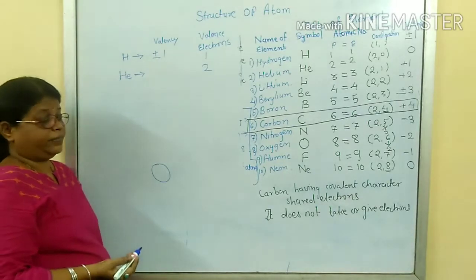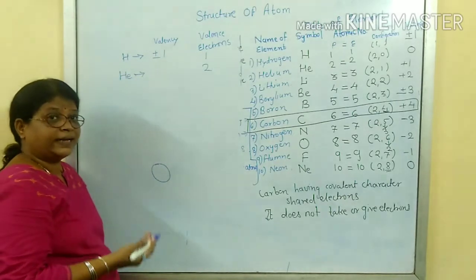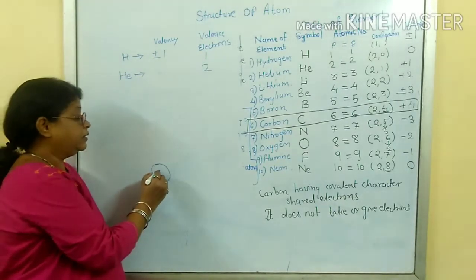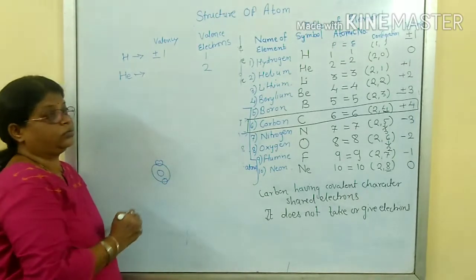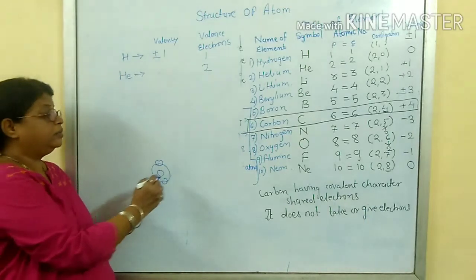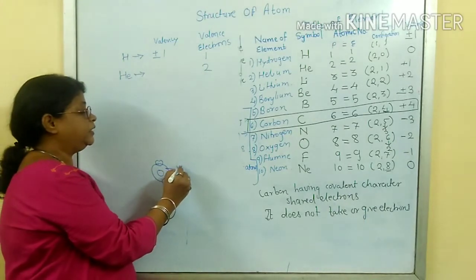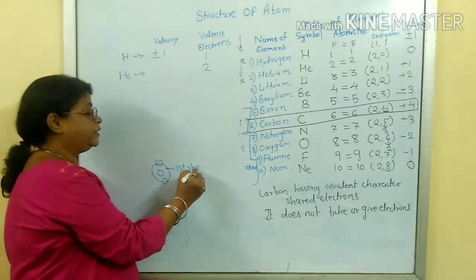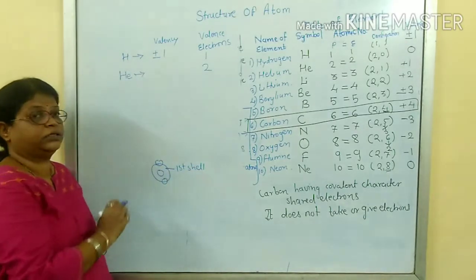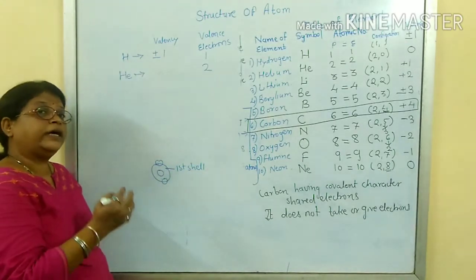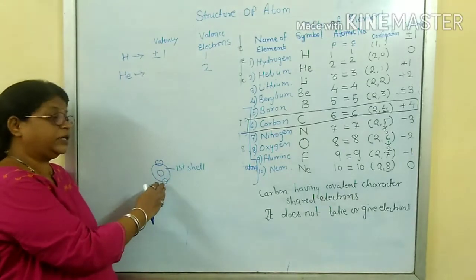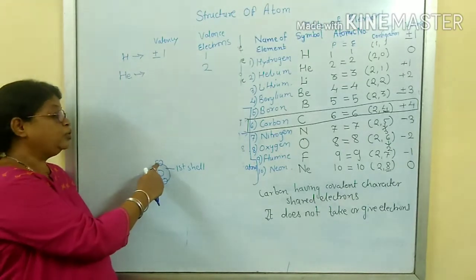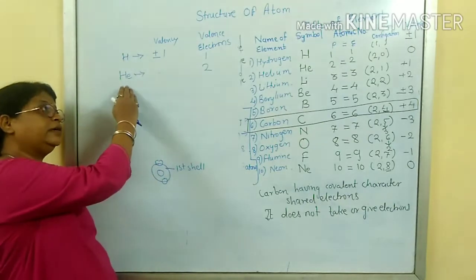Valency is the combining capacity. Helium has 2 electrons in its outermost shell. In helium, only the first shell is present, and in the first shell there are 2 electrons. That is the maximum capacity of the outermost shell, and 2 electrons are already present in helium.